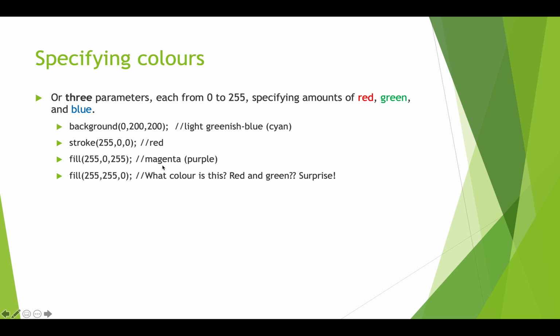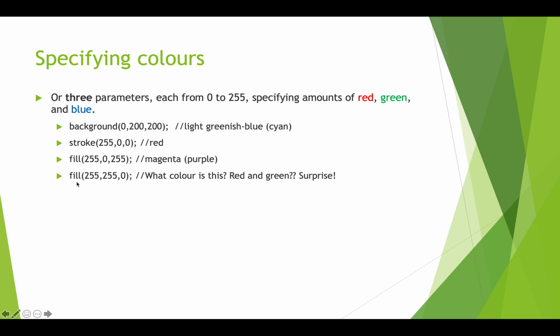If we wanted to fill, say, a rectangle with purple, then we could do 255, 0 for the green and 255. So that's lots of red and lots of blue, and red and blue together typically make purple. That's what we think of when we think of mixing colors. But mixing colors on computers is a little different, and it's not always intuitive.